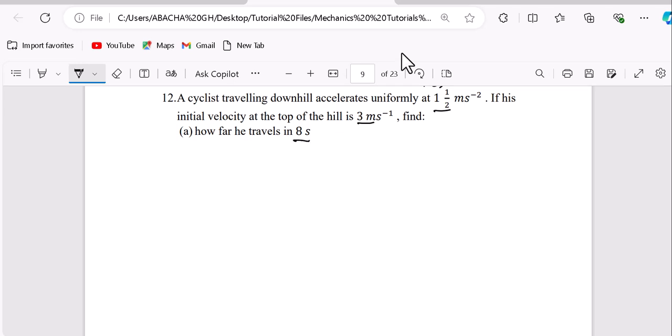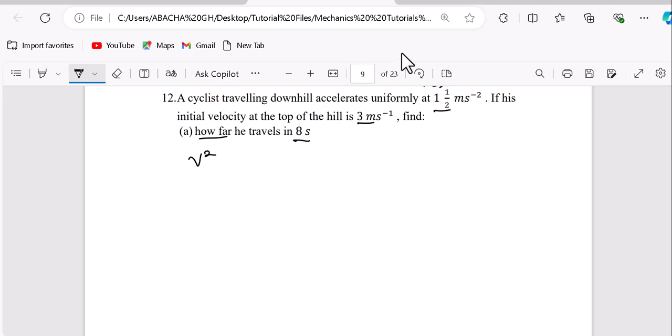So we are given three things: initial velocity, constant acceleration, and the time. We are asked to find the distance, how far. That's the distance. So here we are going to use one of the equations of motion, the one that contains distance.